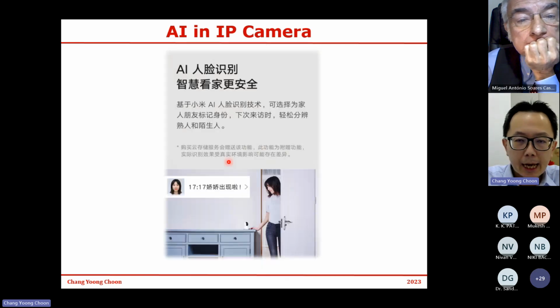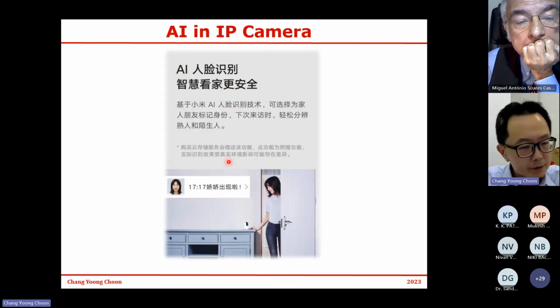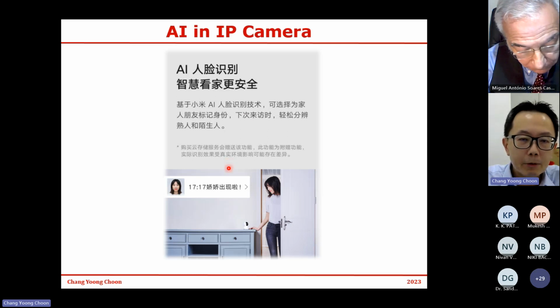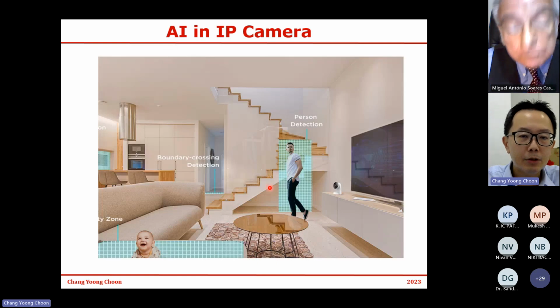Yeah, the accuracy is acceptable, not very high, so there's still room for improvement for the AI algorithm in the Xiaomi camera. They even have facial recognition, for example.